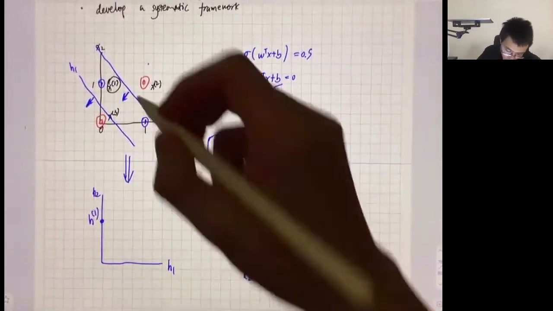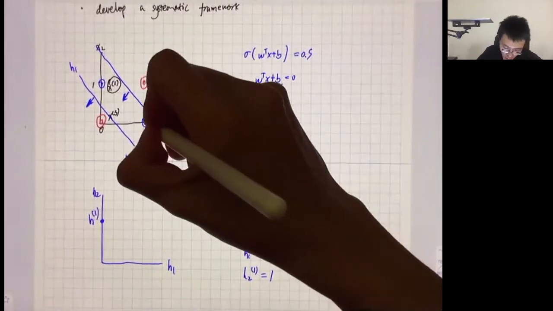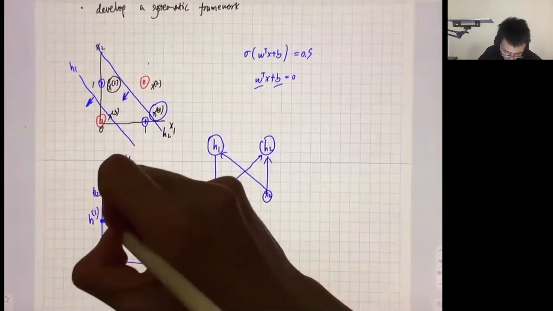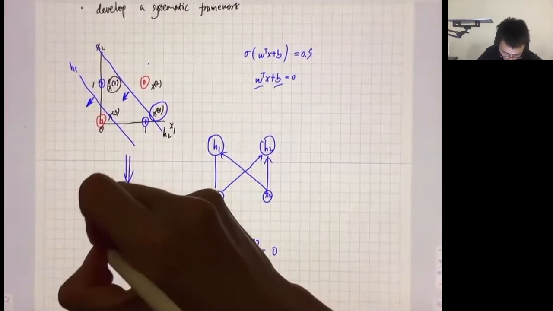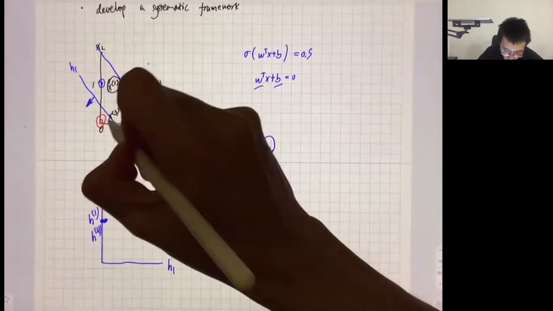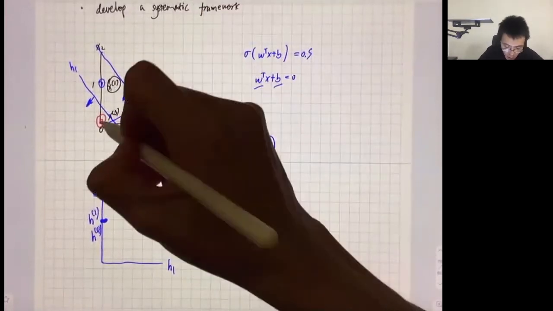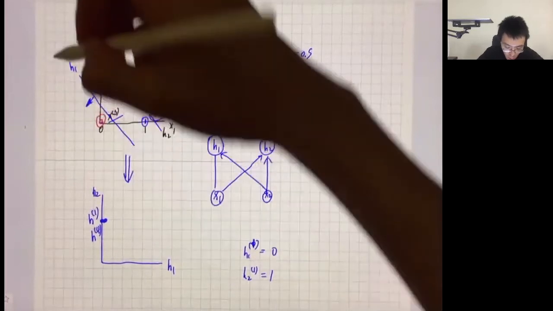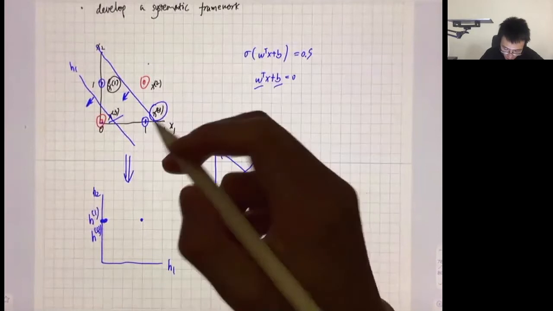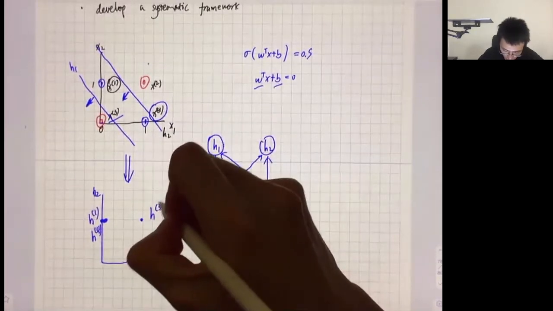And similarly, for the fourth data point, it should be the same, this is H4. And for the third data point, it's in the lower half space of both decision boundaries, and it should be 1, 1. Okay, so this is H3.